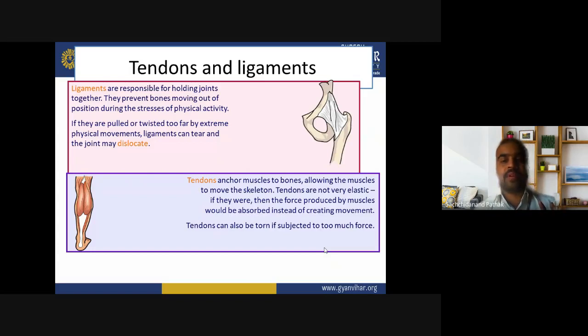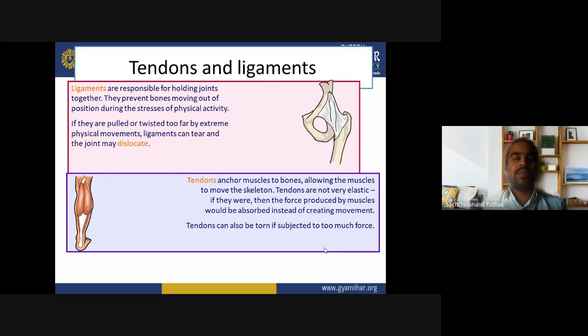Now what will happen if any force we applied, produced by the muscles, would be absorbed instead of creating the movement, because we can walk with the help of the coordination of the muscles and bone. When we walk, that is the coordination of muscles and bone.